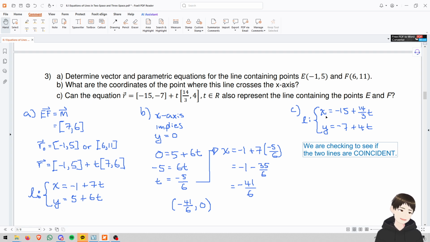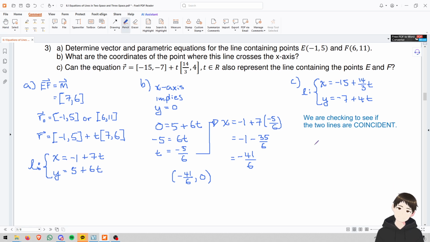Because I have this function, I'm going to check with -1 as my x and 5 as my y. Let's check if they both give me the same t.